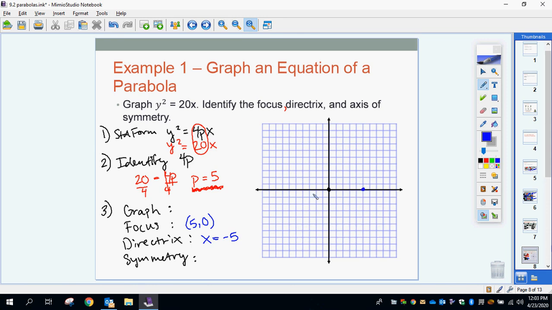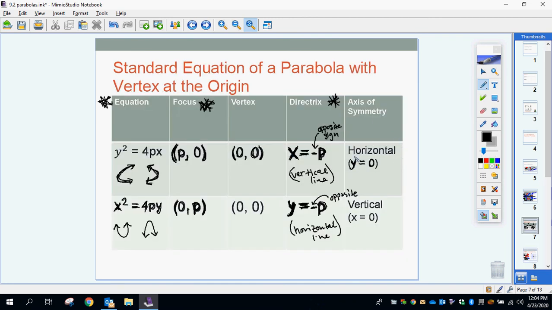And let's draw our directrix. It's a vertical line at -5 on the x-axis. And that's as straight as I can get. If this is our vertex, our axis of symmetry, again, back to our chart, is a horizontal line at y equals 0.